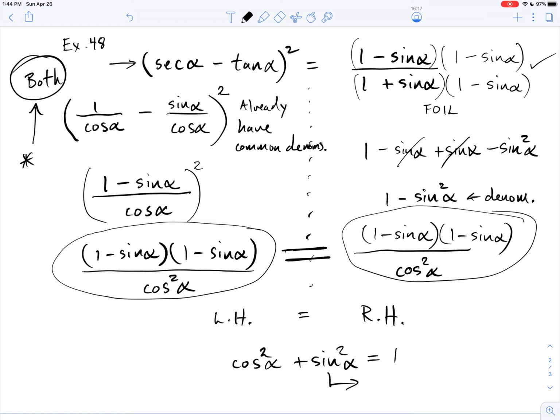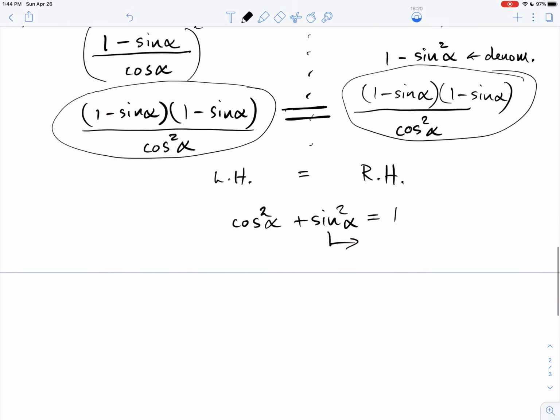All right. Now, my next example is 58, and then I have one more, and then we're done with the examples. But example 58 is on page 203, so I'm heading down the other way. I have you guys stop at number 57, but here's number 58 for example, because this guy starts off as sine fourth alpha minus cosine fourth alpha.